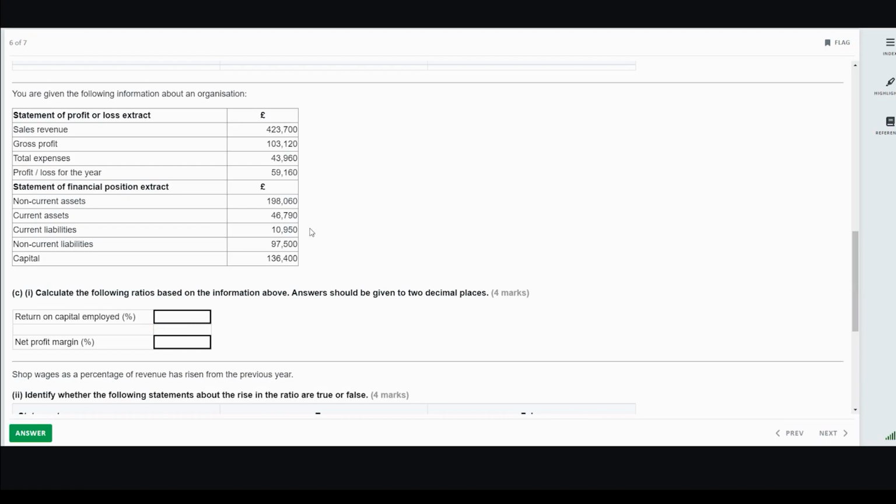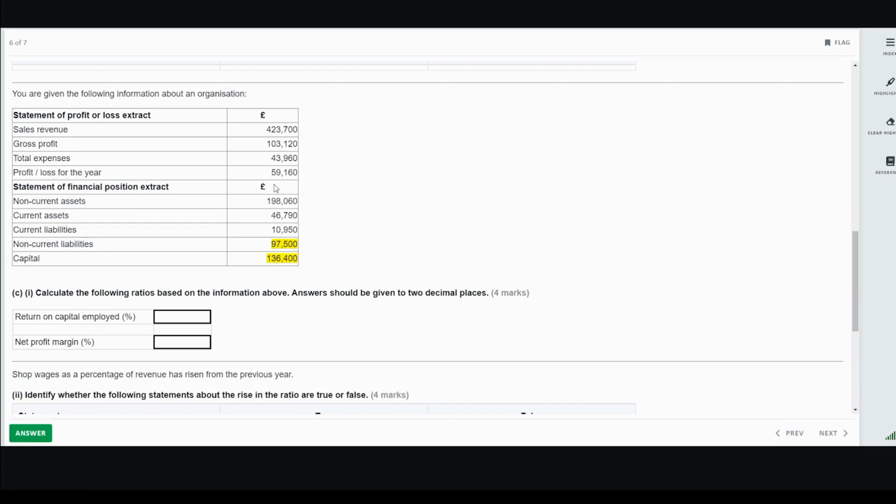To work out your return on capital employed, it's your capital of 136,400 plus your non-current liabilities of 97,500. Then you take your profit for the year and divide it by the figure that you've just calculated, which is that one and that one.